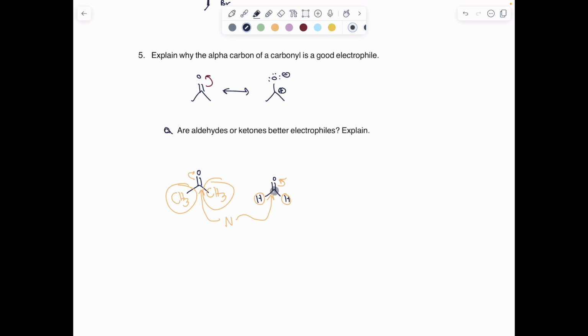So this position is not able to be supported by the hydrogens. Whereas over here we have these CH3 groups, they're able to push just a little bit of their electron density onto that alpha carbon position, and they're able to help stabilize the positive. And again, more stable means less reactive. So again, aldehydes are going to be the better electrophiles because they're more reactive in the sense that they are less stable.